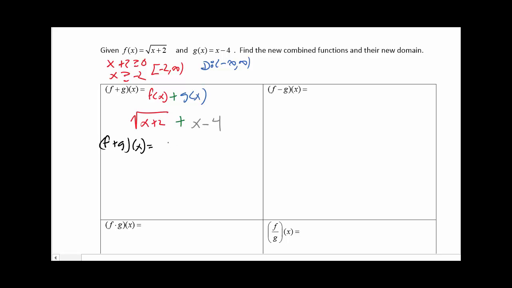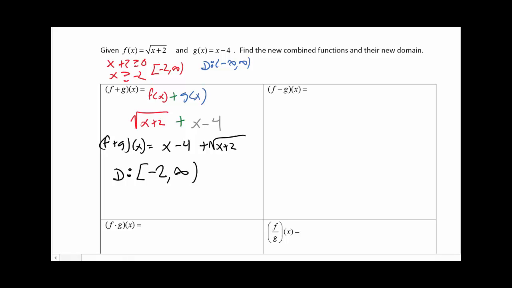Nothing really combines out. Okay, now, as far as any new restriction goes, we know that f has to be bigger than or equal to negative 2. And we don't really pick up a new restriction, so that would be the domain of this one. It's bigger than or equal to, so bracket negative 2 out to infinity.